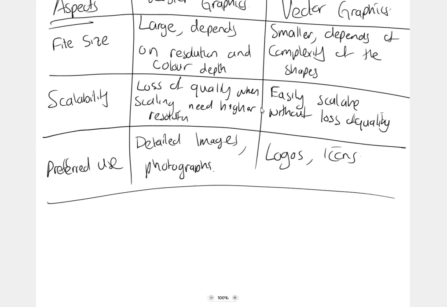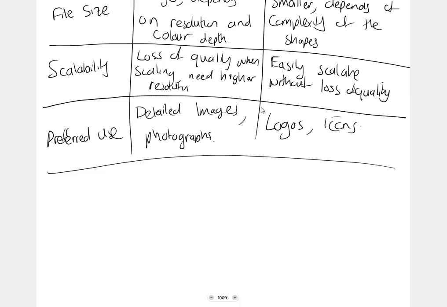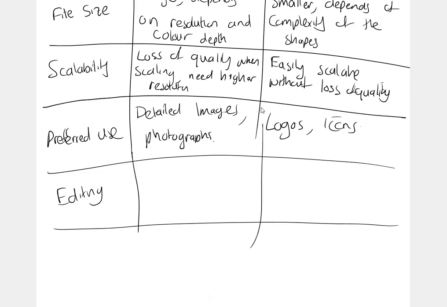Okay, all right, so now let's talk about editing. Editing raster images and editing vector images. Editing raster images involves pixel-based editing. When doing pixel-based editing, you basically have to change each individual pixel.